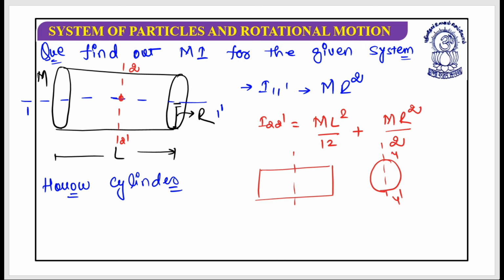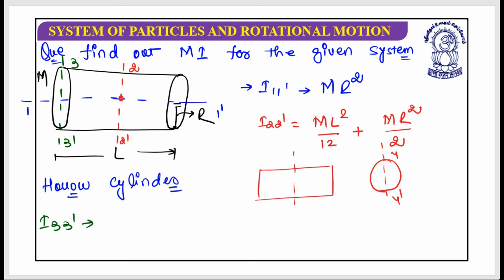Would you like to have one more question on this only? Yes, let's have a look. If you want to rotate this from here, it's 3 3 dash. What would be the situation?